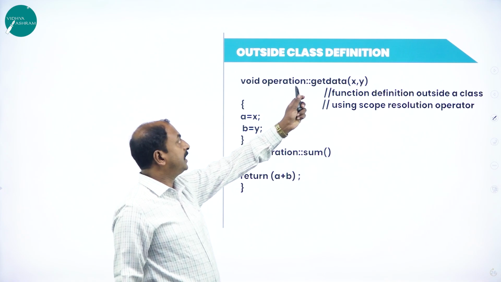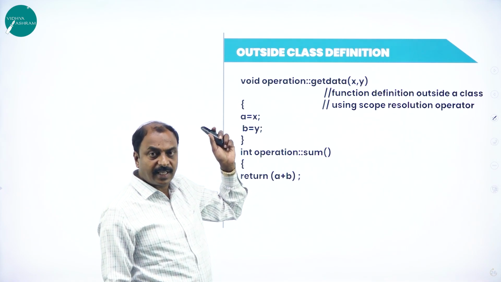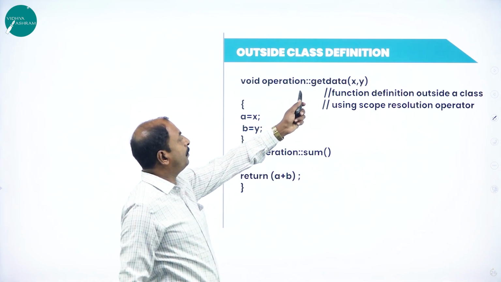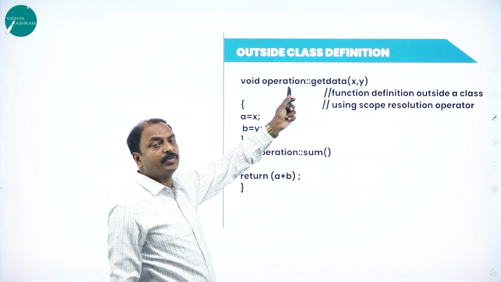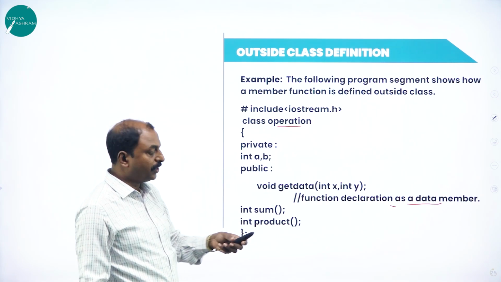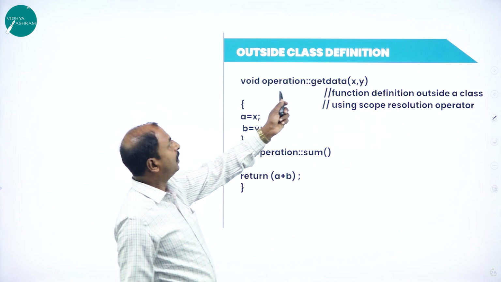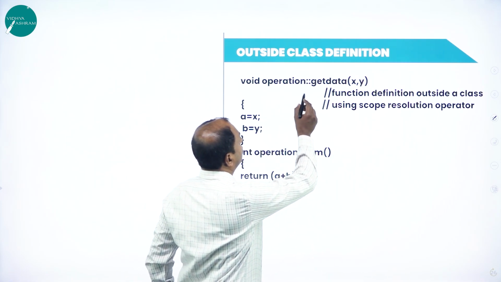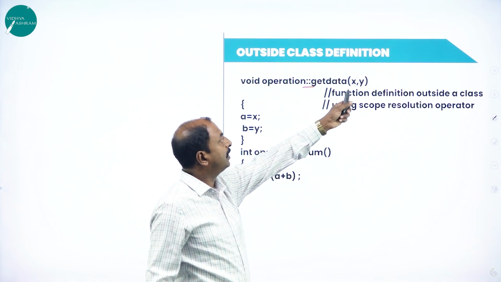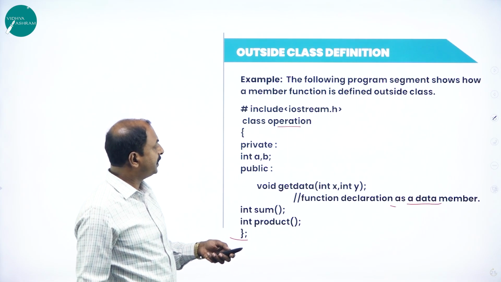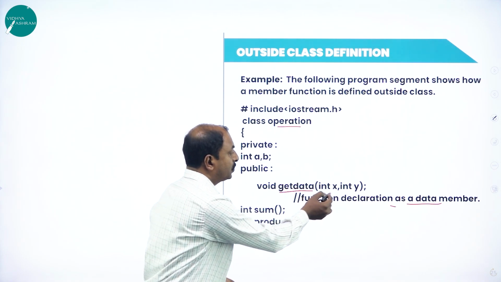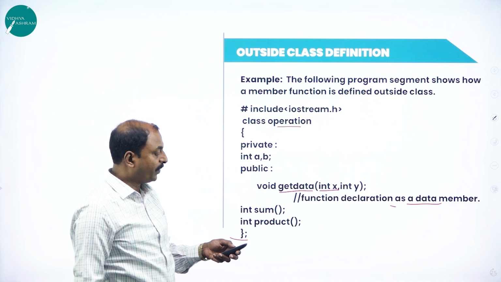How do we do that? That is what we saw in our previous slide. The syntax says return type void, space, operation. Operation is the name of the class; here the class name is operation. So here this is operation, the scope resolution operator, two colons, and getdata(x, y). Observe that getdata is the function with parameters, so we have to write this function.